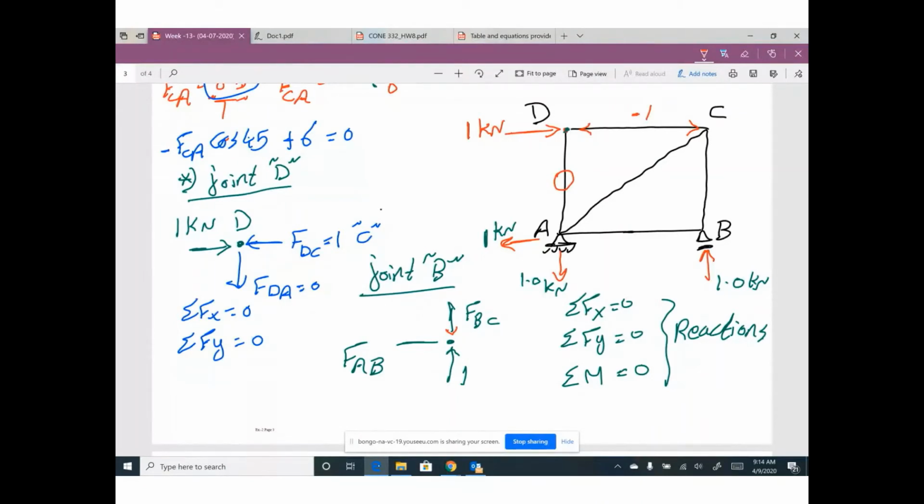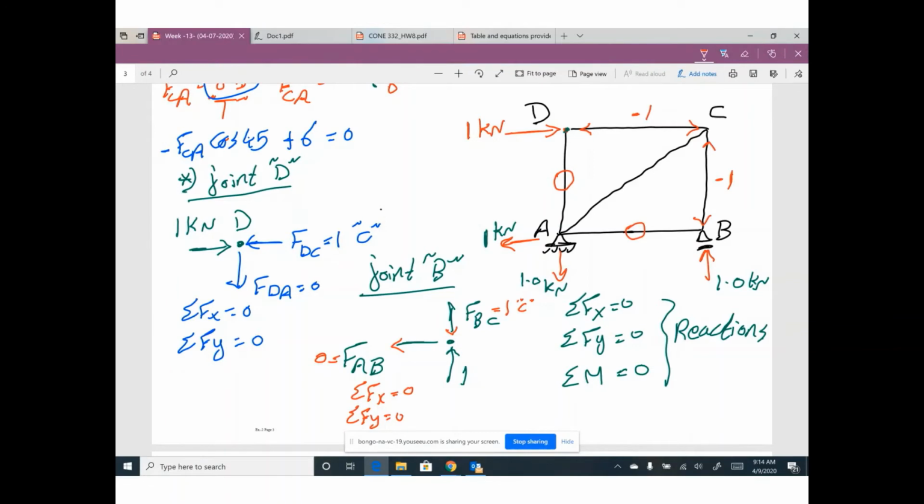This force, it doesn't matter because I expect it will be 0. If you apply summation Fx equals 0, this one will be 0. Nothing in horizontal direction except FAB, so FAB will be 0. Summation Fy equals 0. I think this one will be 1 in the same direction, which is compression. So the force in this member will be compression, negative. Compression means -1. The force in this member is 0.